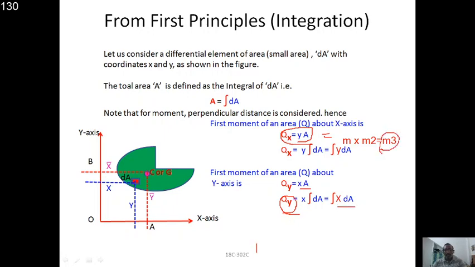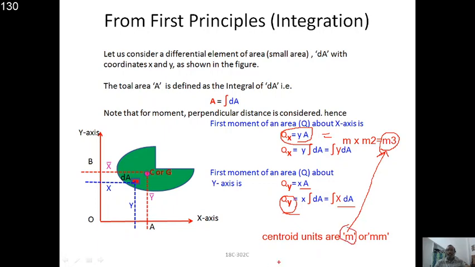But what about the centroid? The centroid units are meters or mm. Now this term is meter cube, but I want meter.